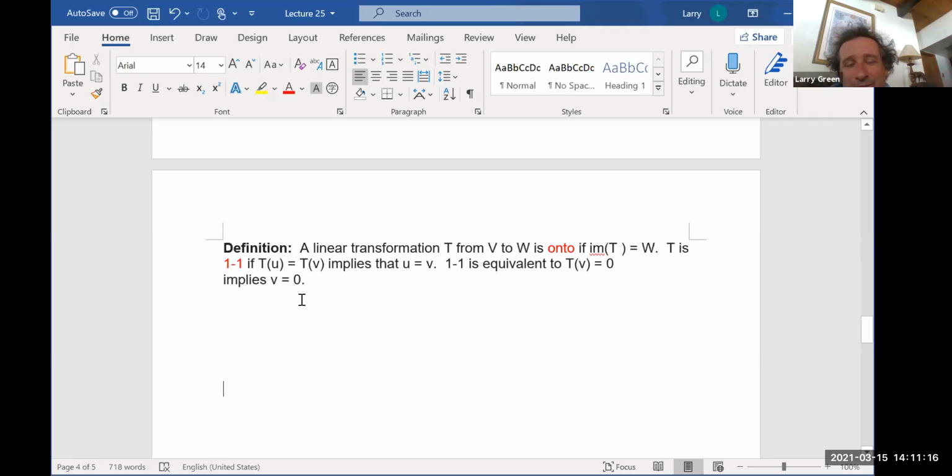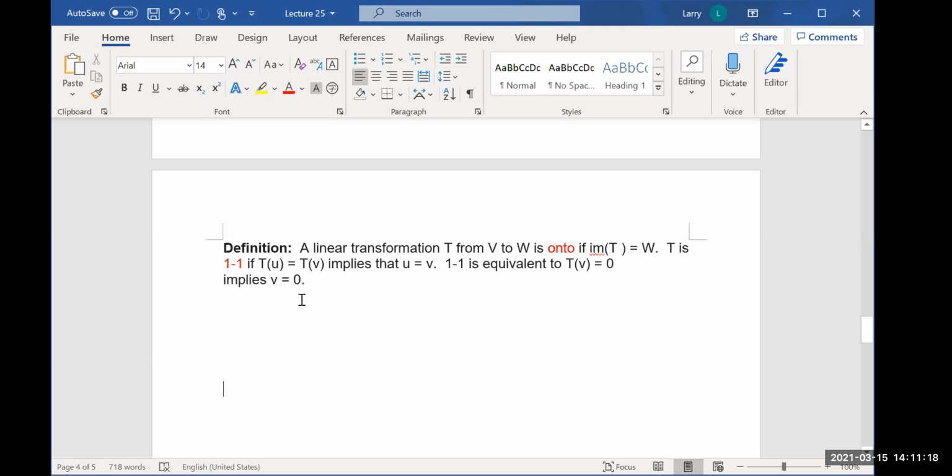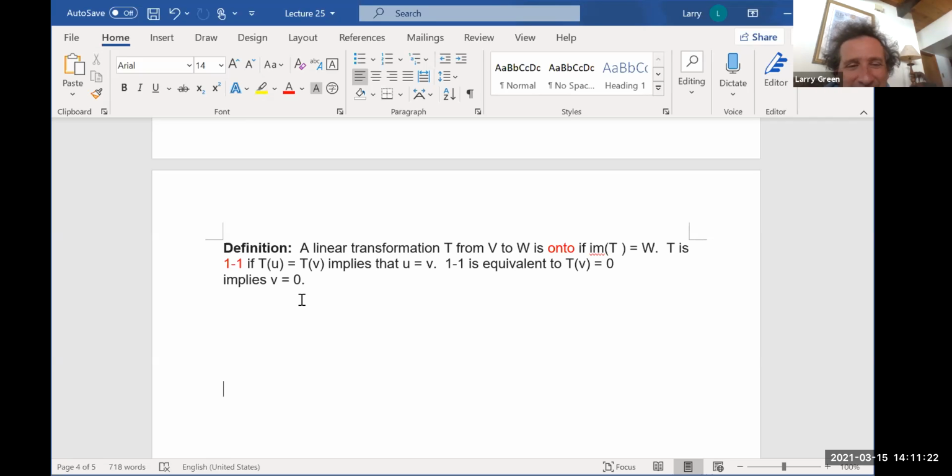Have you heard that before? Same theorem. There's nothing new here other than a new way of thinking about it. All you do is focus on 0, and that's good enough, and that works for everything. Any questions on this definition?